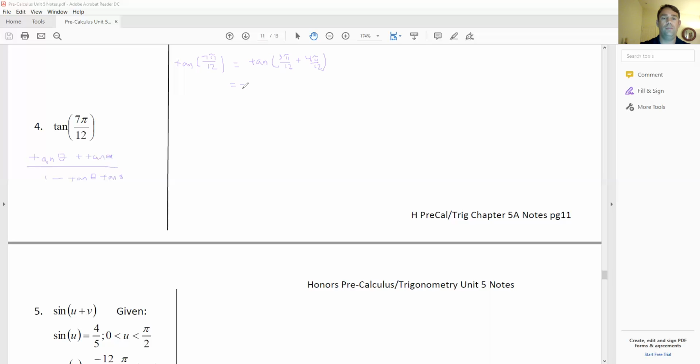So the tangent of pi over 4 plus pi over 3. Sine, cosine, cosine, sine, that's sine. Cosine, cosine, sine, sine, that's cosine. Tan, tan, 1 tan, tan.